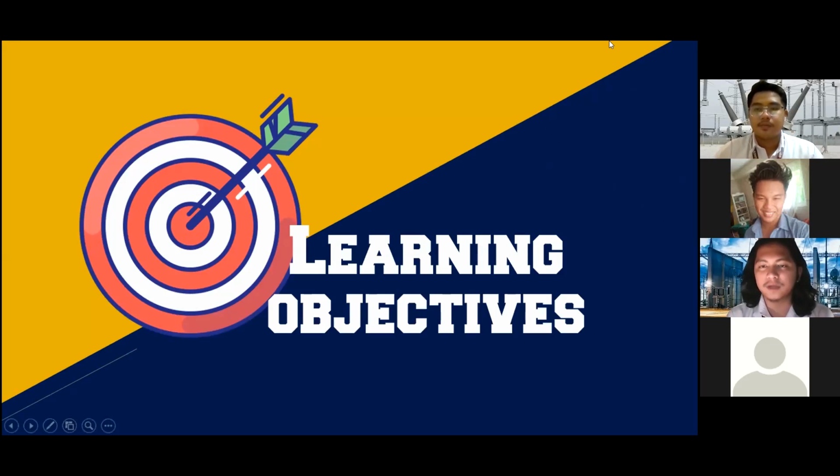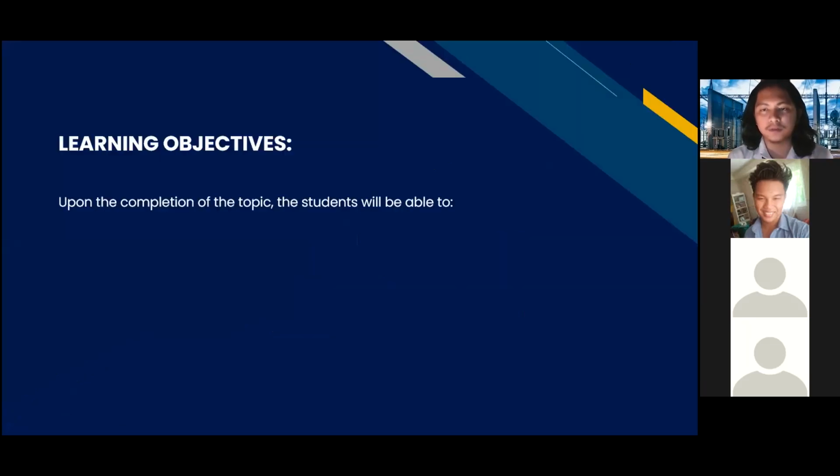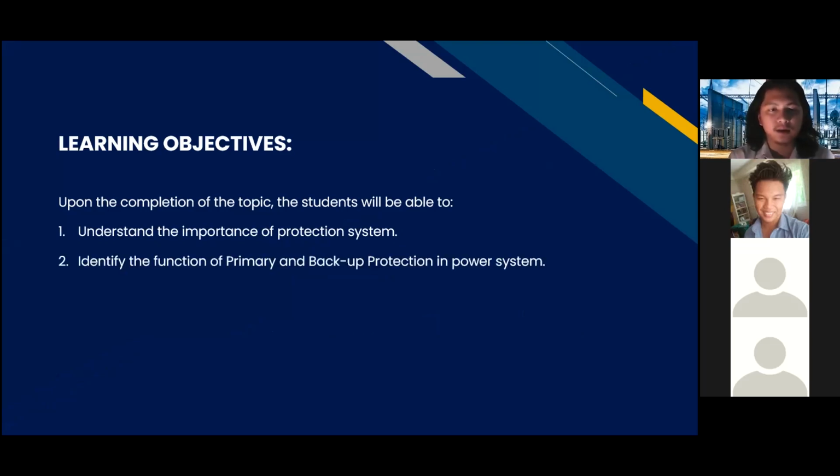For the learning objectives of this lesson, I will discuss what are the things you should know and learn after we discuss the lesson. Upon the completion of this topic, the students will be able to, first, understand the importance of protection system. Second, identify the function of primary and backup protection in power system.